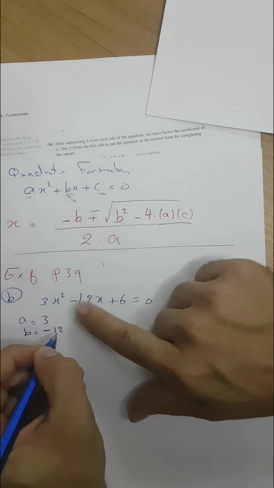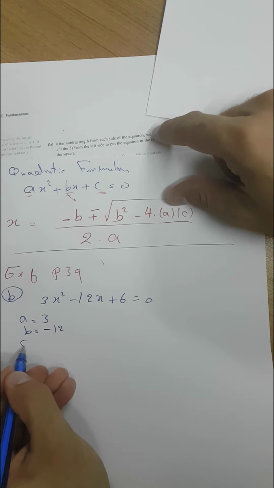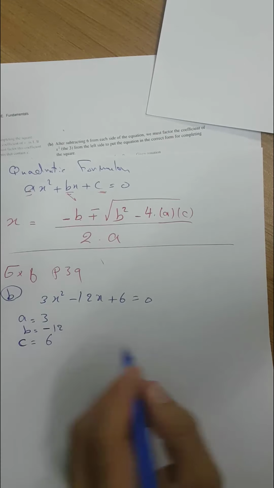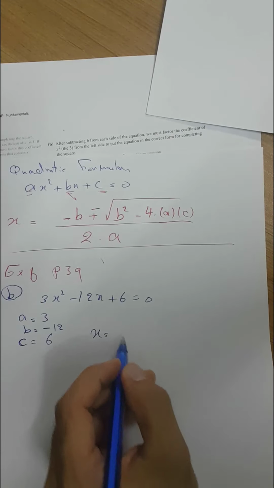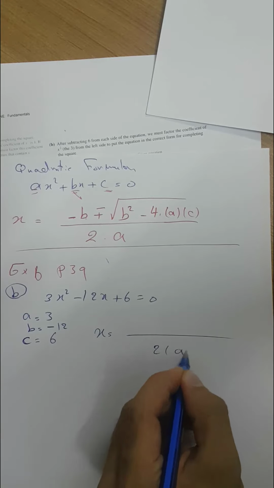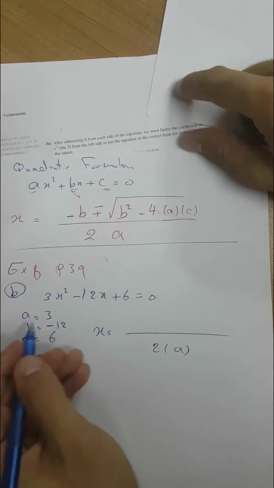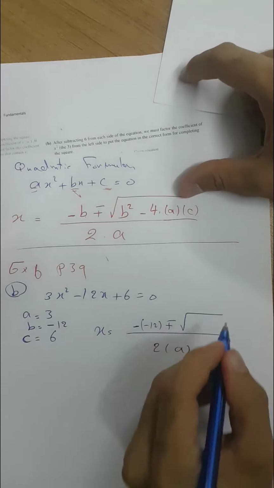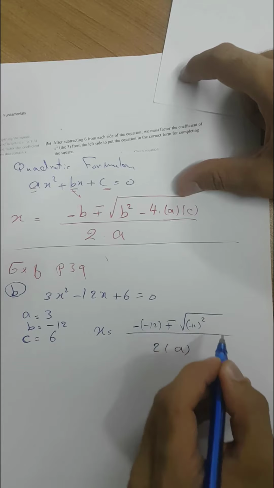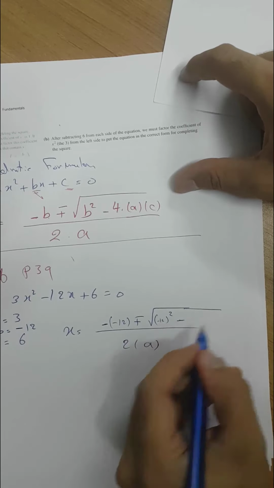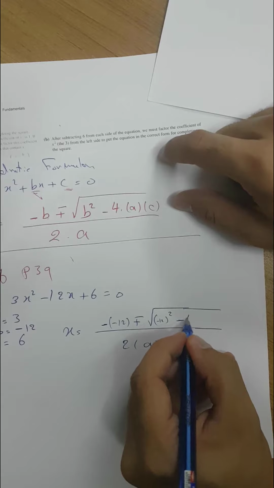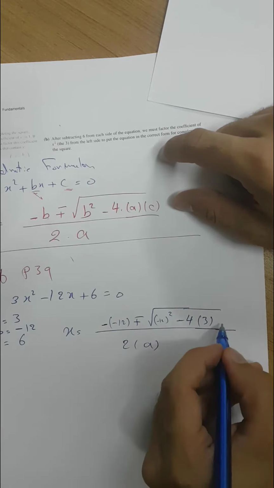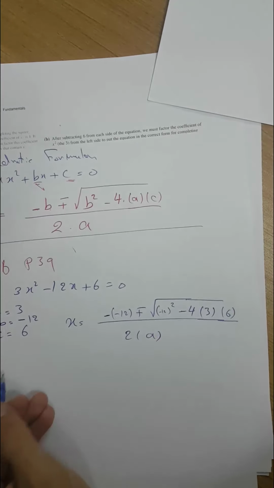Do not forget about the minus. This is important, most students forget about this minus, and I have a 6. So x is equal to minus b over 2a, so minus minus 12, plus or minus the square root of b squared minus 4ac, with a as 3 and c as 6.